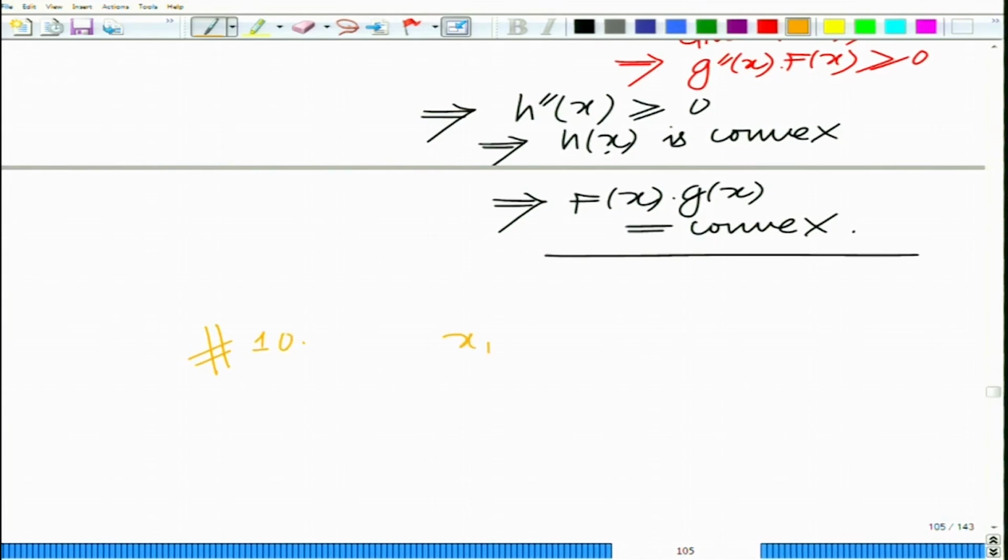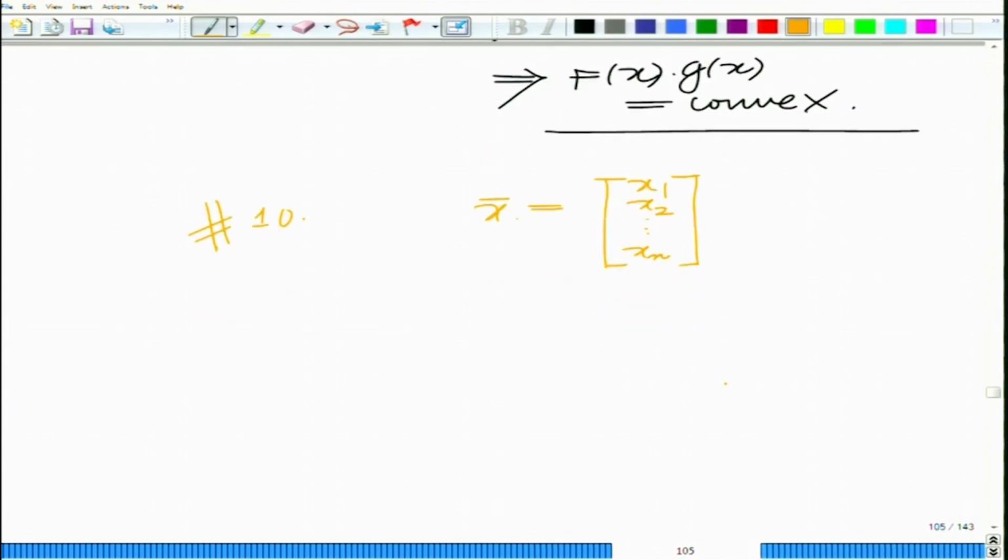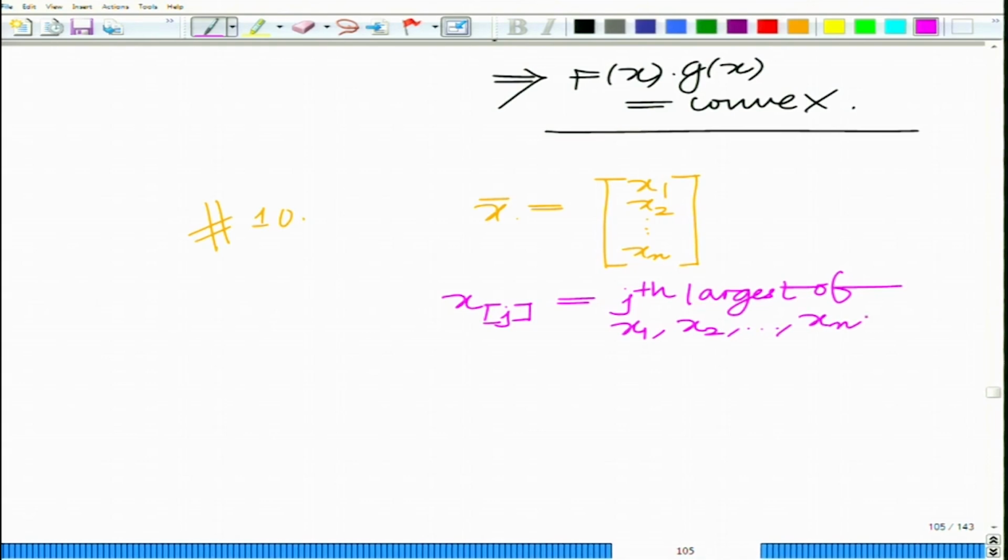Now, consider a set of variables x1, x2, up to xn, or let us say we have x bar, an n dimensional vector, and we have x subscript square bracket j as the jth largest of x1, x2 up to xn, which implies that basically you are sorting this.